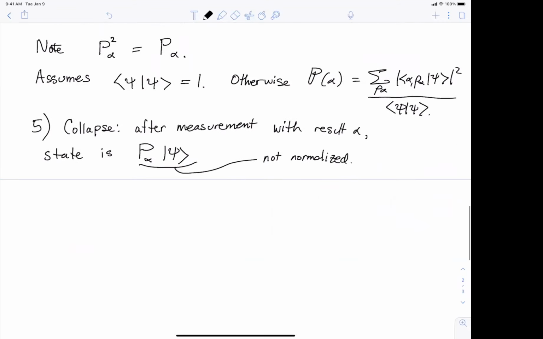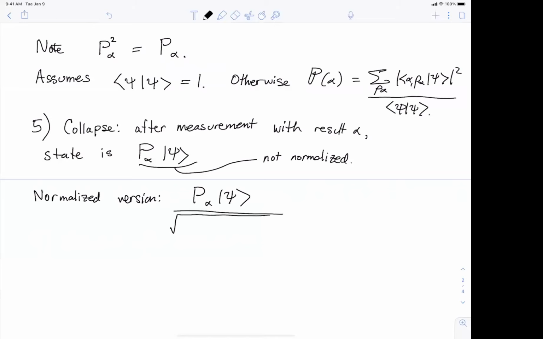Okay, so if you do this, then assuming the state that you end up with is not normalized but can be normalized, there's a normalized version of this. You just take it and divide it by the norm of the state after the measurement, which is the square root of psi P alpha psi, but P alpha squared is P alpha.